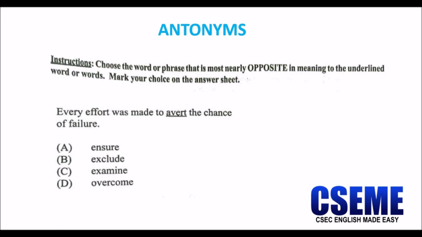That's not our answer. So if we look at ensure, every effort was made to ensure the chance of failure. Remember we said avert means you're trying to avoid failure. So if every effort was made to ensure a chance of failure, it therefore means that you're trying to fail.